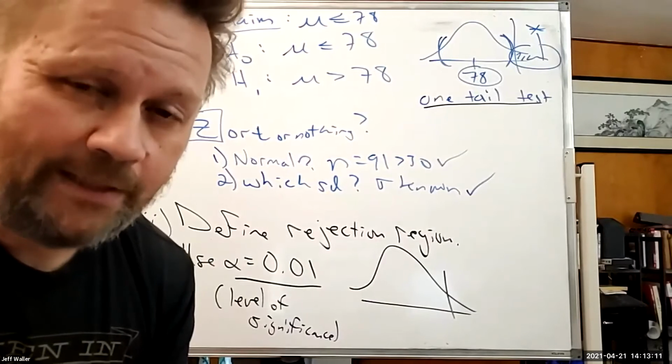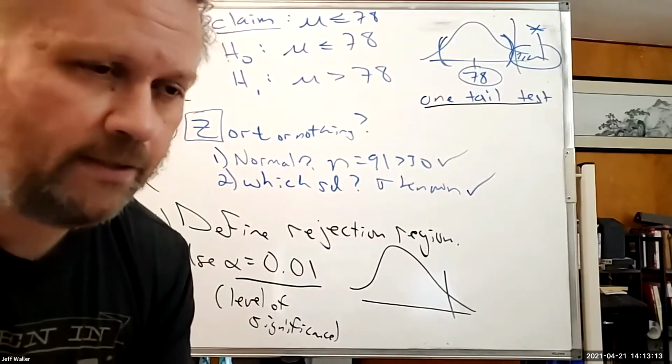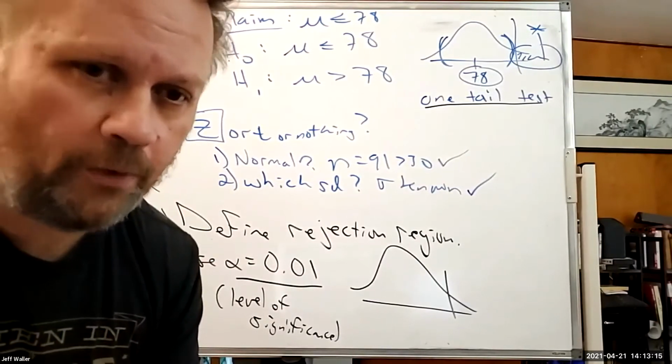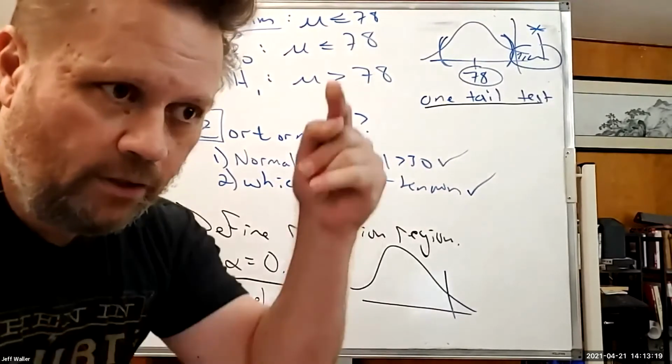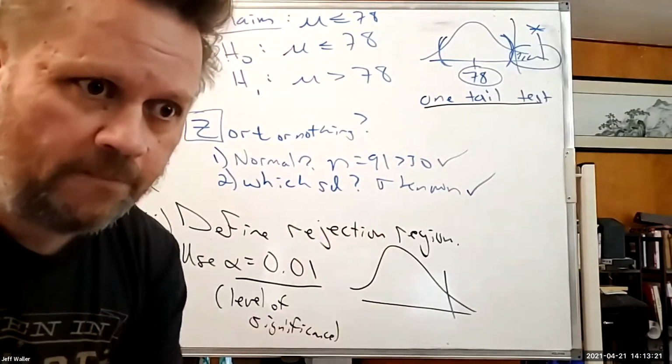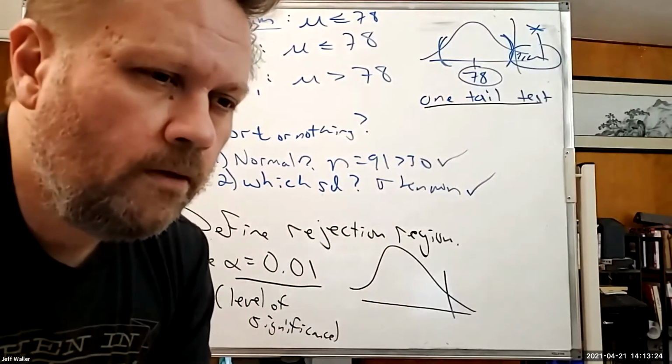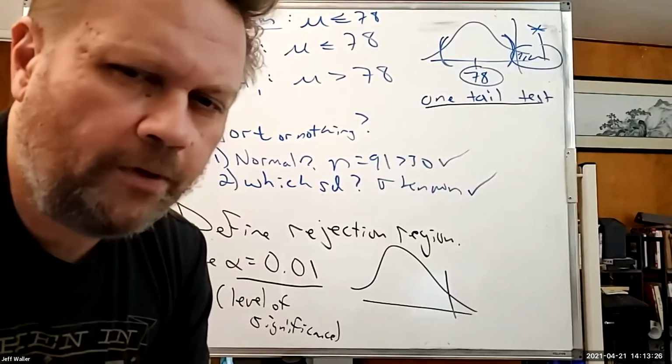Can you use the t-score chart? Doesn't that sound made for the t-score chart? One-tail test, 0.01. I don't care, you go all the way to the bottom. 2.32? Say again? 2.32?